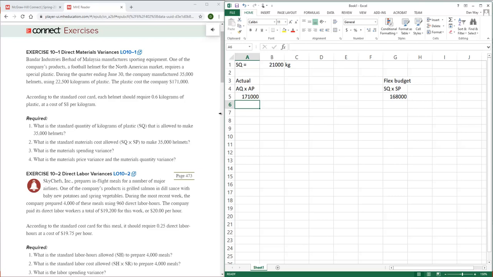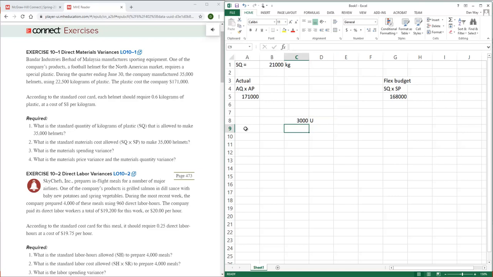So that overall spending variance, again, we're comparing the actual result, the $171,000, to what would be in that flex budget, the $168,000. So just to be explicit, 171 minus the 168, that's $3,000, and because the actual spend is greater than what would be in the flex budget, what we should have spent, we'd say that's an unfavorable spending variance.